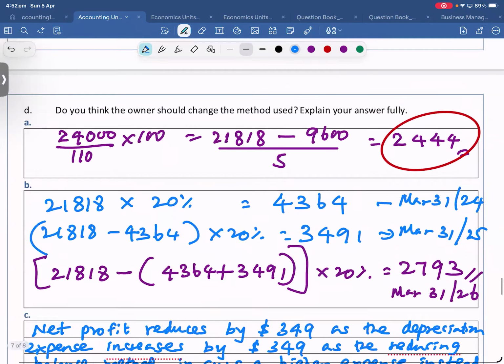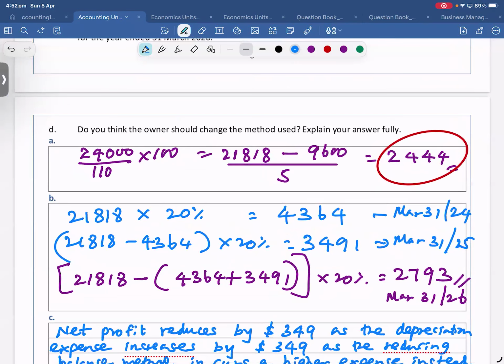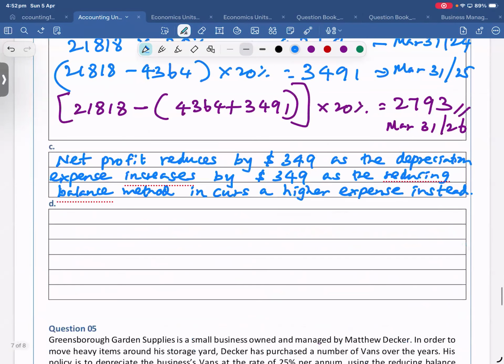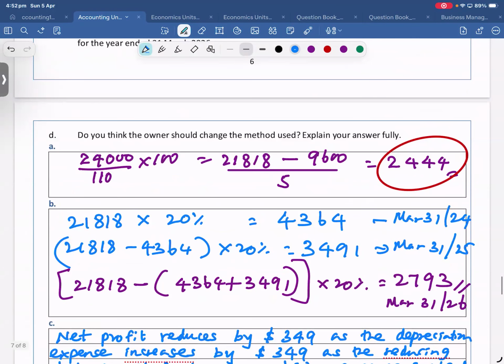Okay, guys, last question. Do you think the owner should change the method used? Explain your answer fully. What do you think? Should they change it to reducing balance from straight line? Yes, because the vehicle itself is a machinery, it's got moving parts.